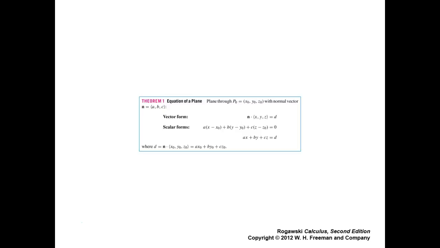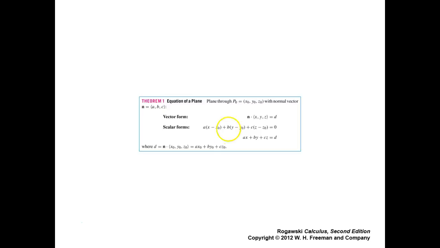The only difference is, I said, rather than call them this, make it equal to D. This thing's equal to D. Or, as we said before, this is n dot OP. The vector OP would be the vector from the origin to the XYZ point. And then this would be the vector OP0. The normal vector is always components ABC. All right, so here's theorem 1.